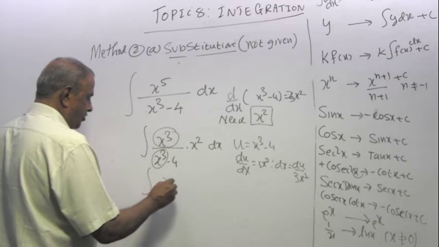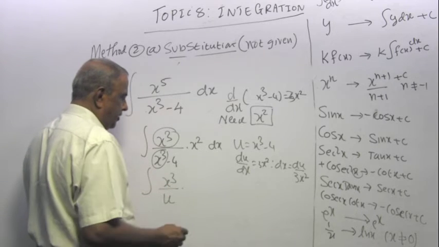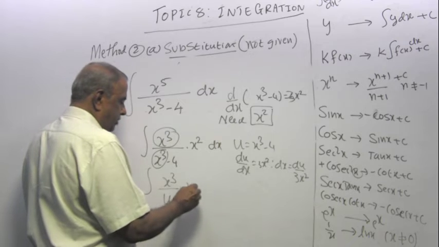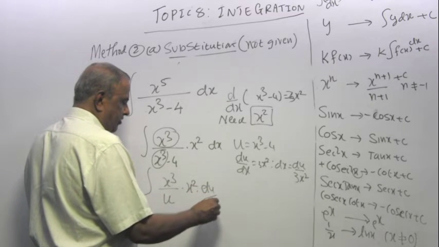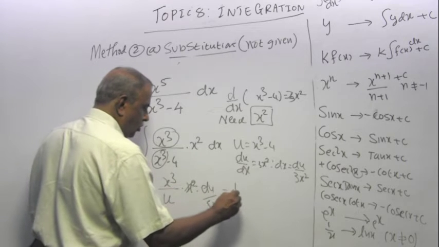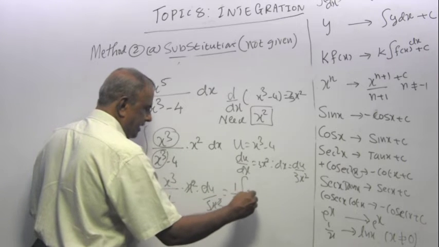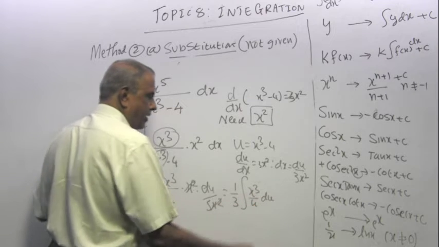I don't know what is x cube. I know that is u times x squared. Dx is du over 3x squared. I can cancel the x squareds. So I have 1 over 3 integral x cube over u du.